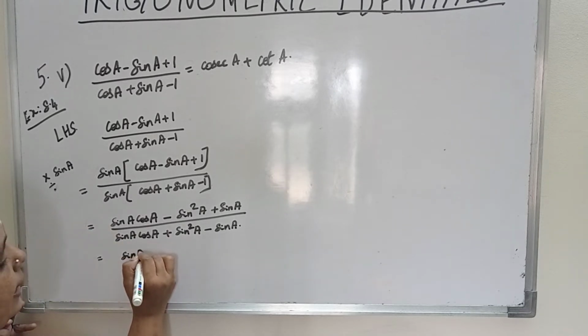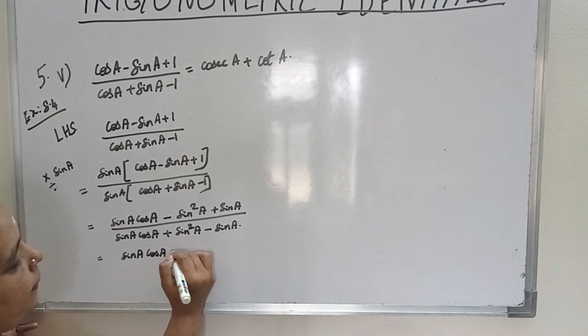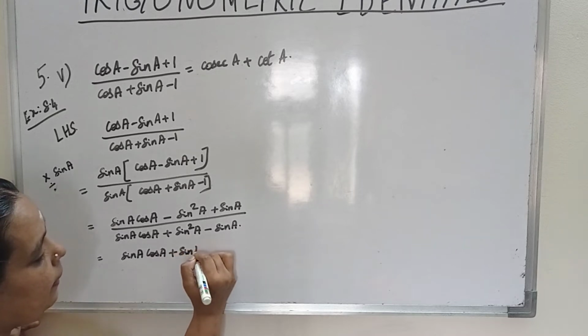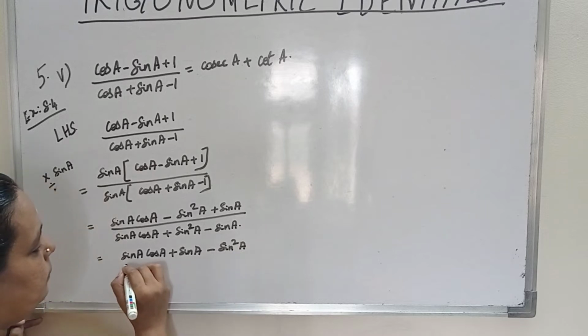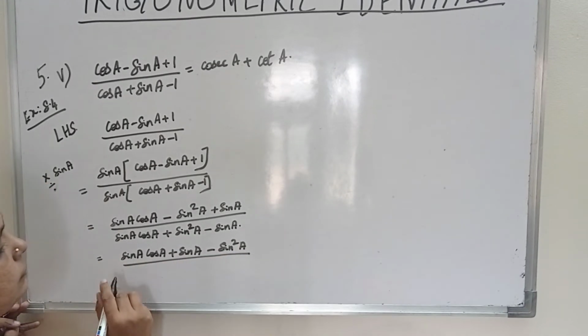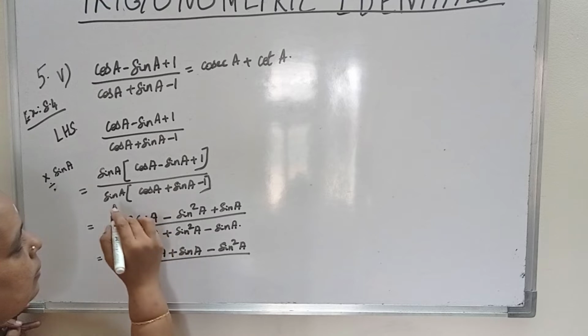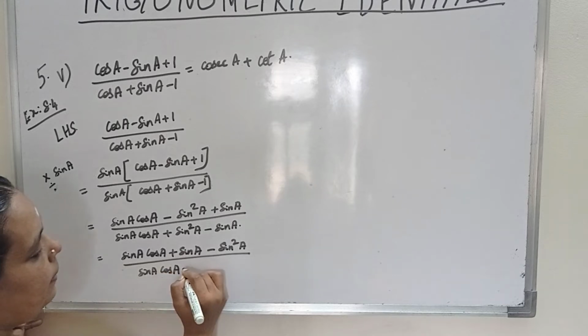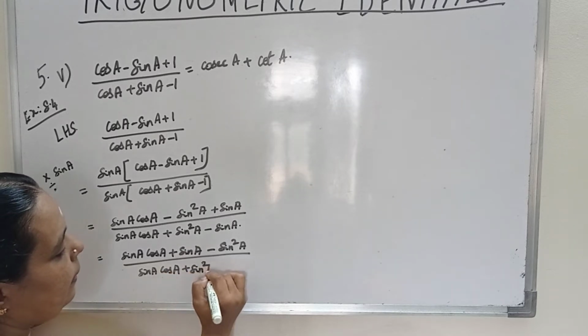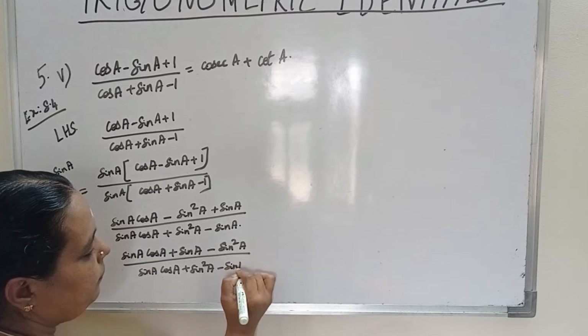That is sin A cos A plus sin A minus sin square A by sin A cos A plus sin square A minus sin A.